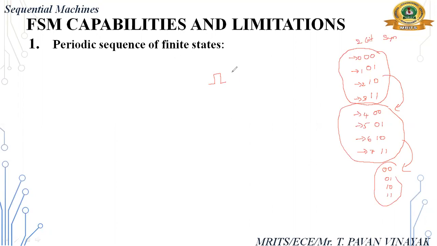If the number of cycles repeated is n, we call n the period. If repeated 2 times, we call period equal to 2, right? So here the states are repeating, so it is called periodic sequence of finite states. That is one of the capabilities of a finite state machine, meaning we can reproduce the states.